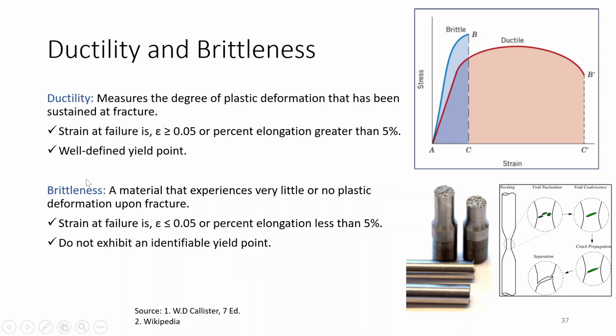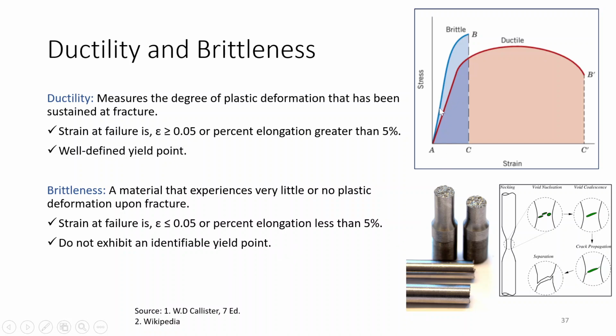A brittle material experiences very little or no plastic deformation upon fracture. So strain at failure is less than 0.05, or percent elongation is less than 5%, and it does not exhibit an identifiable yield point.